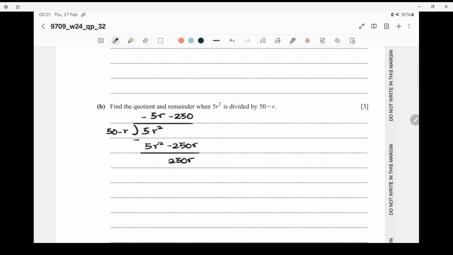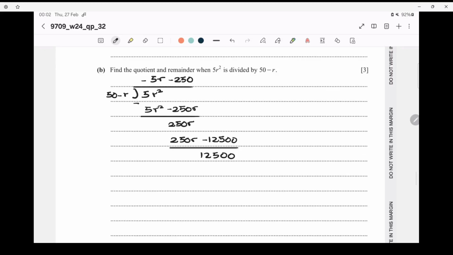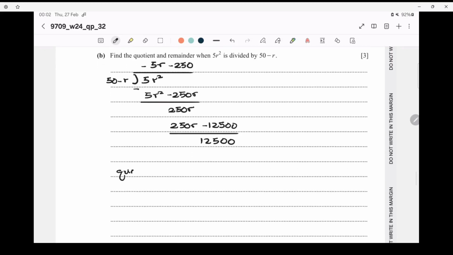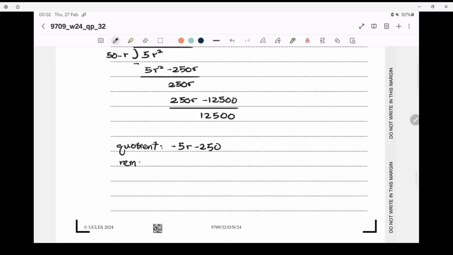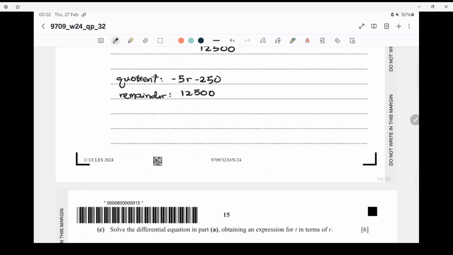So you will get 250r minus 12500. So in the end, you will get 12500. So the quotient will be minus 5r minus 250. Remainder will be 12500.